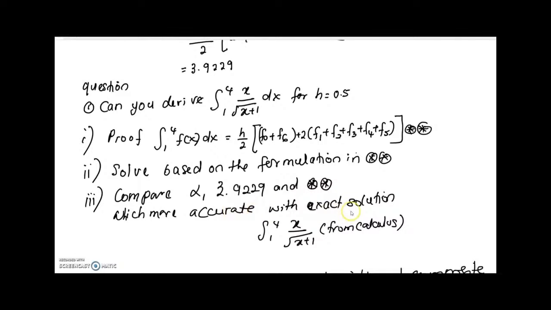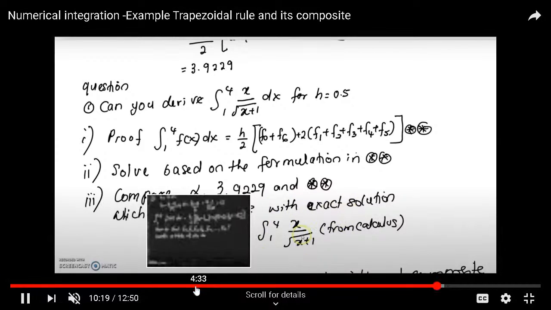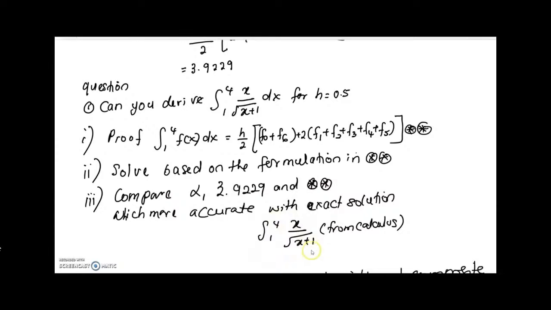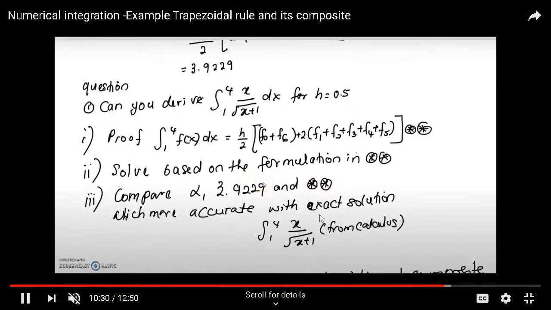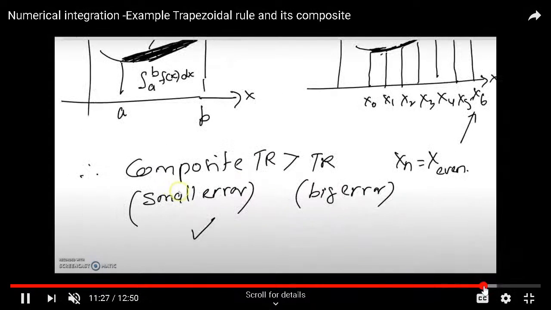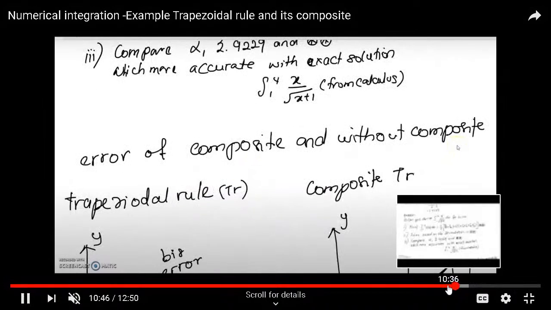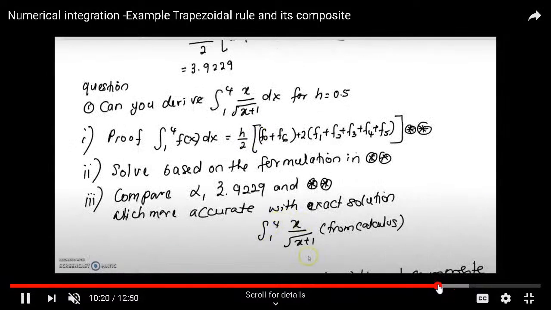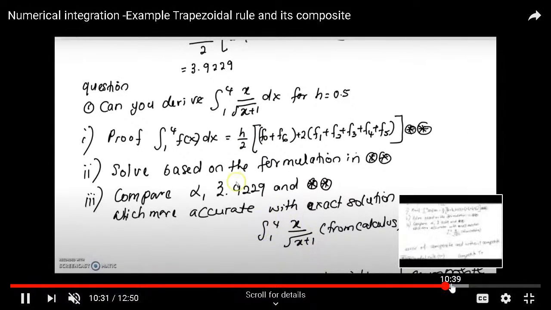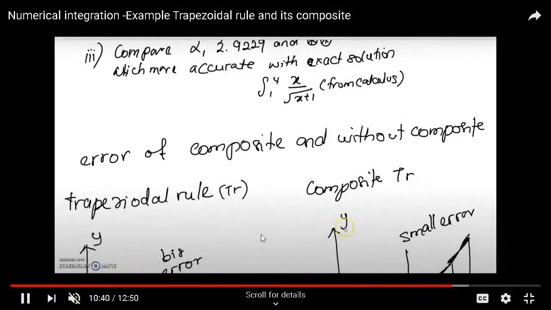So this is one of the good examples to compare between composite and without composite. What I want to focus on here is that there is an error between composite and without composite.